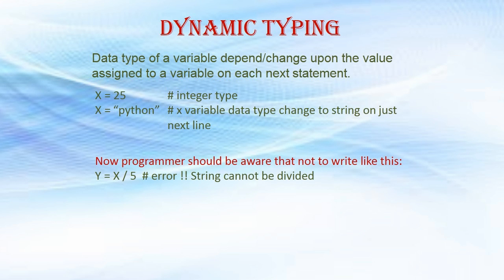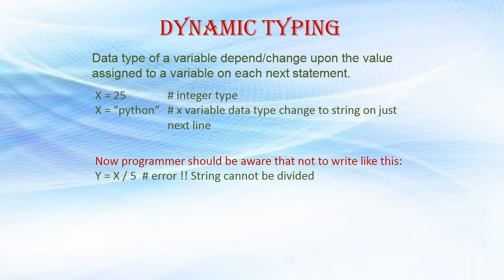Now, dynamic typing. Dynamic typing is a very good thing, we can say a benefit, in Python programming. Dynamic typing means the data type of a variable depends on and changes with the value assigned to the variable in each next statement. First, we do not need to declare the data type while declaring a variable, right?